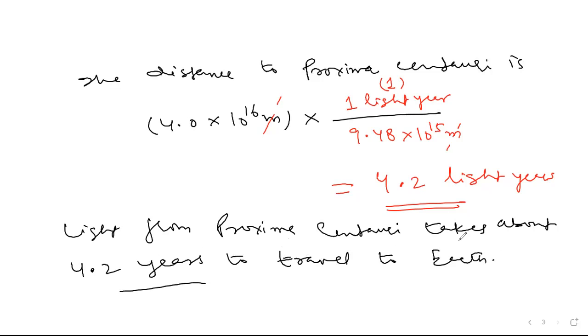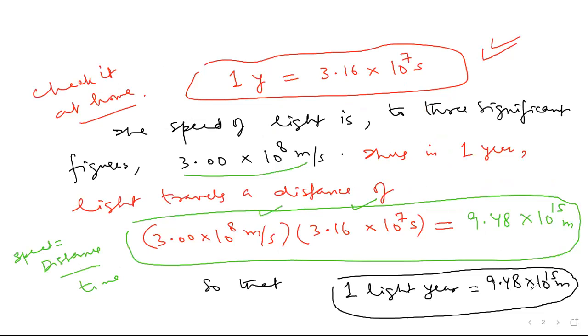I'm writing about because there will be effect of atmosphere on the light. When we say 1 light year is 9.48 into 10 to the power 15 meters, we are taking here speed of the light in vacuum. So it travels 1 light year distance in 1 year, and we assume there is vacuum throughout.